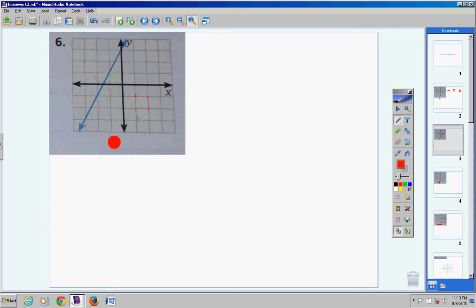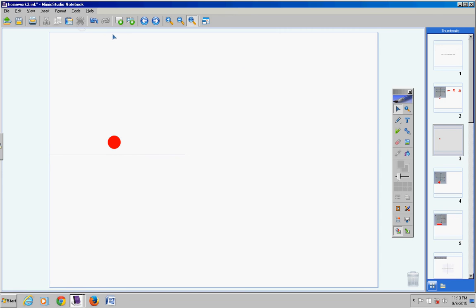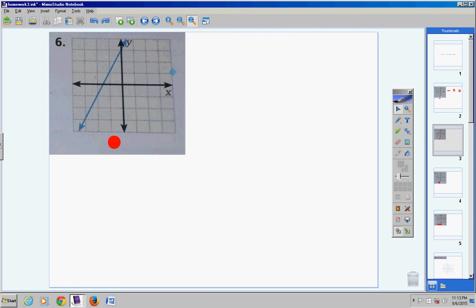If I put a point right here, that would not be a good point because it's not right on a crosshair. So I'm looking for where the blue line goes right through a crosshair, like right here and right here. That would be good.